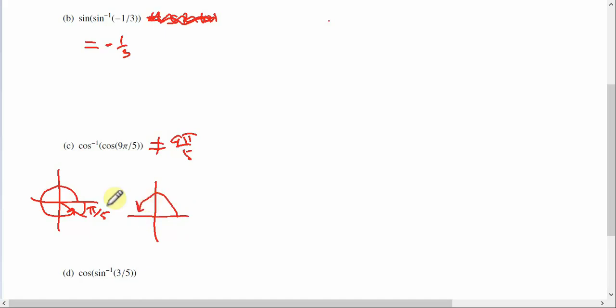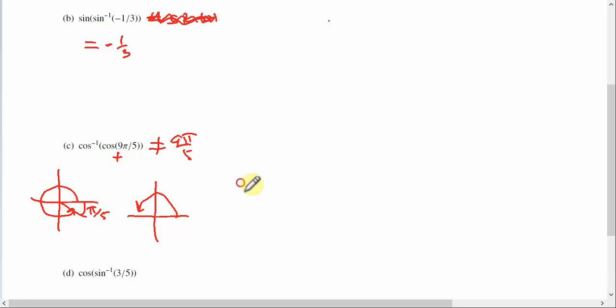So I've got to figure out, well, this has a reference angle of pi over 5, but because this angle was terminating in quadrant 4, this is a positive quantity, because cosine is positive in quadrant 4. All students take calculus, so cosine is positive. And I know that cosine inverse of a positive number is going to put an output here in quadrant 1.